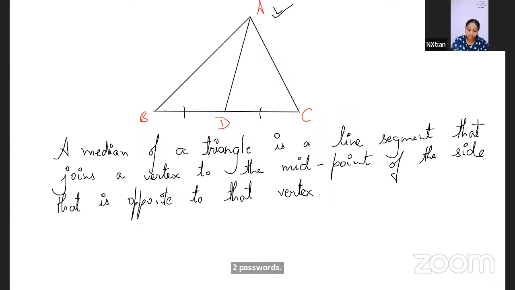Okay. Now, in this figure, AD is the median that divides BC into two equal halves.